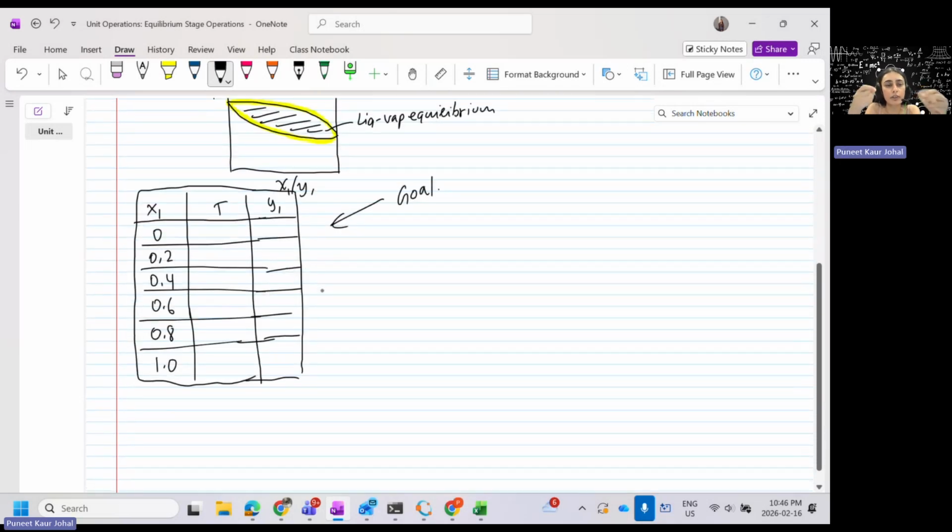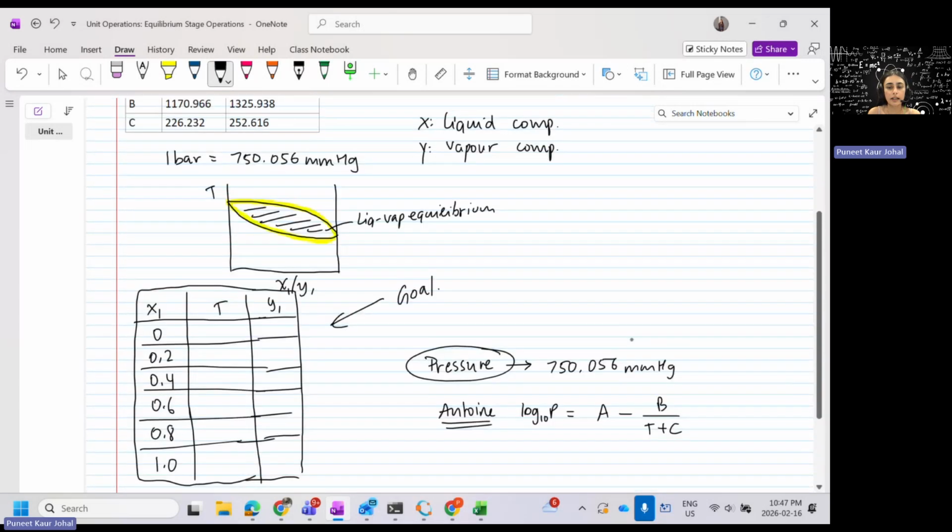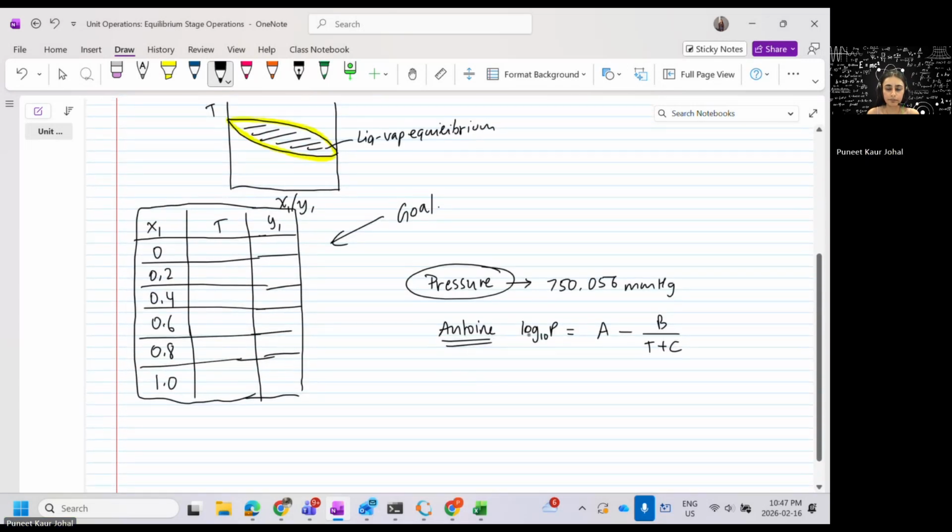Now the question is, how do we figure out what temperature to use? What we do know is the constant pressure, which is this. The equation that we will be working with is the Antoine's equation, which says log of P. I'm going to use the log 10 P formula. And like I said, A, B, and C values are right here.